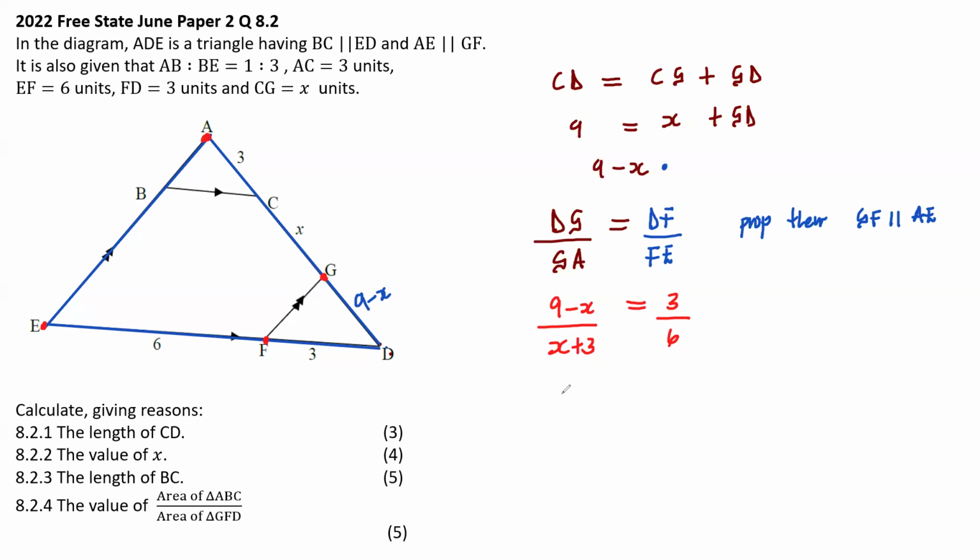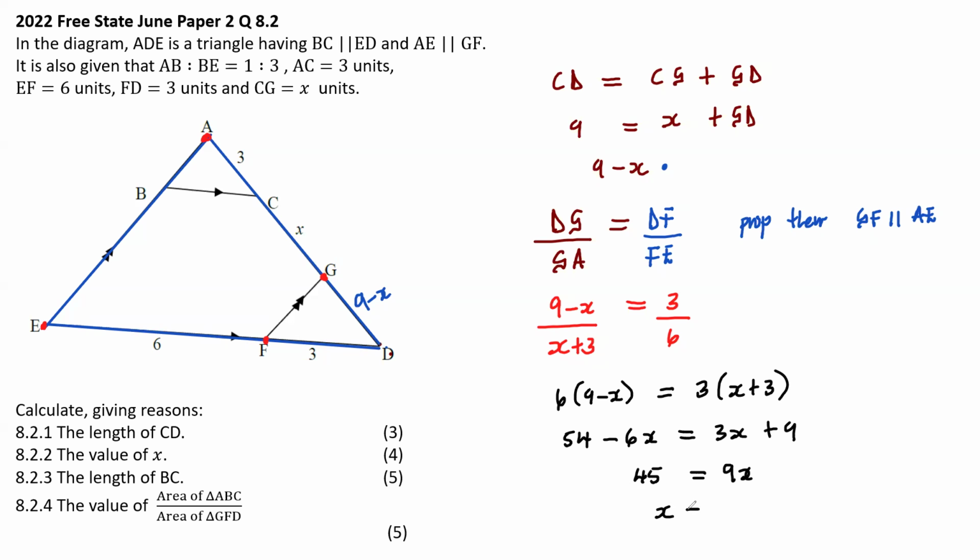Cross multiply, that's going to be 6 bracket 9 minus X, and 3 times X plus 3. I'm looking for X. 6 times 9, that's 54 minus 6X is equal to 3X plus 9. We do algebra. 9X will transpose to negative, then 54 minus 9 is 45.